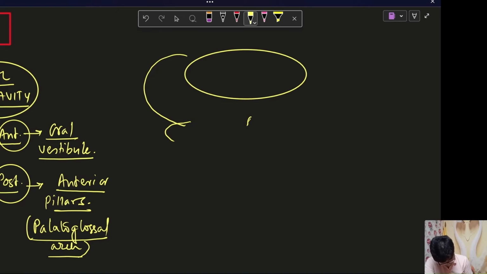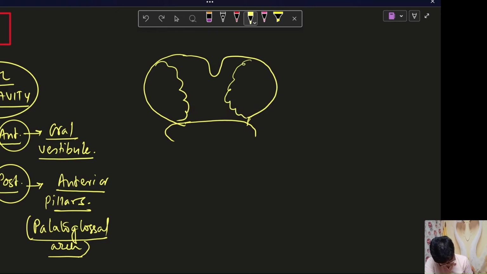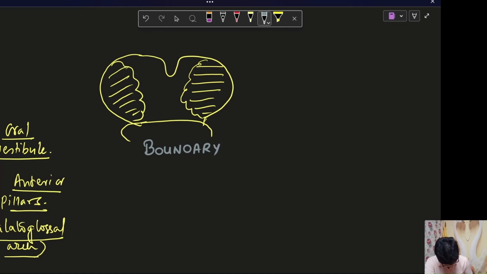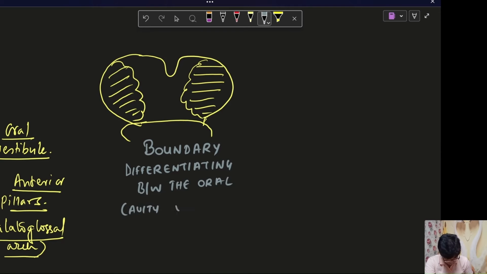Okay, so you see here the boundary differentiating between the oral cavity and oropharynx.